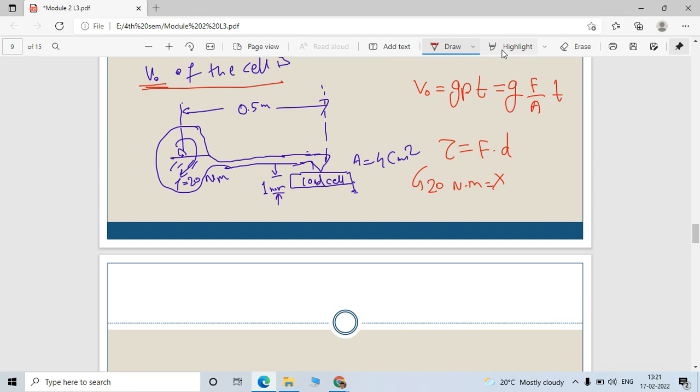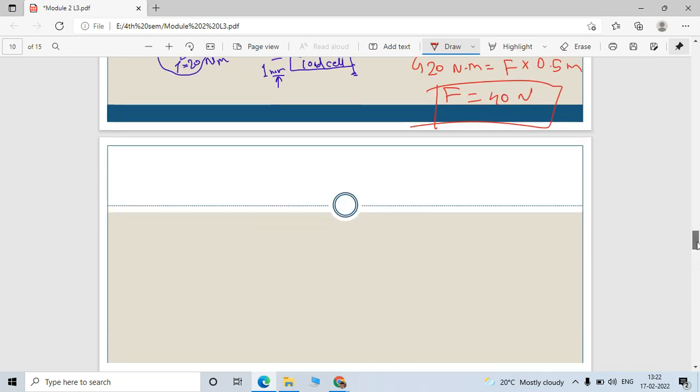So calculate it. This F is nothing but your 40 Newton. Now simply put that value in this equation and find out the V naught.